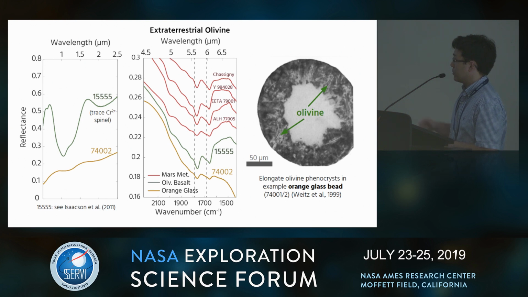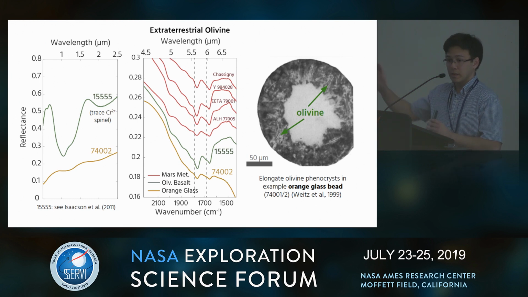And one thing that's interesting to note is that not only do we see the same doublet that we saw before, we also see that while absorptions that would be strongly diagnostic of olivine are missing from the orange glass in the visible near infrared in the plot shown on the left, in the plot on the right, we can see the same familiar 5.6 and 6 micron bands, which likely arise from olivine phenocrysts that have been observed and characterized in the orange glass beads. So this was all interesting and very promising.